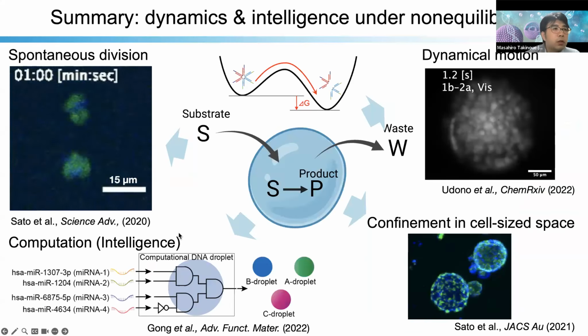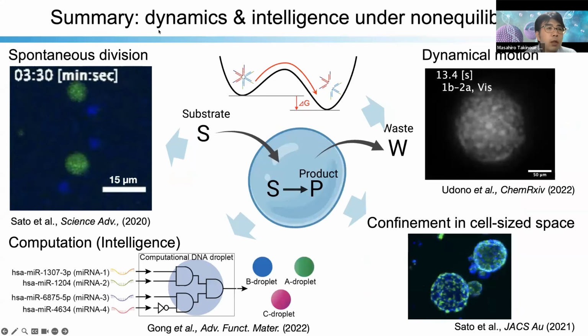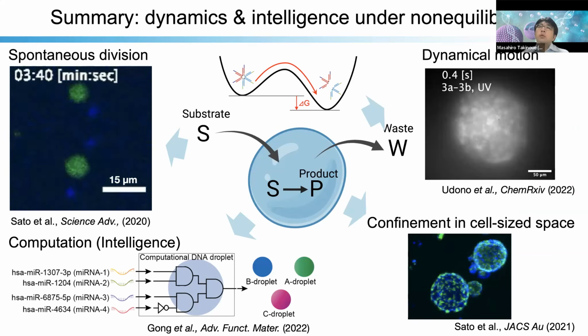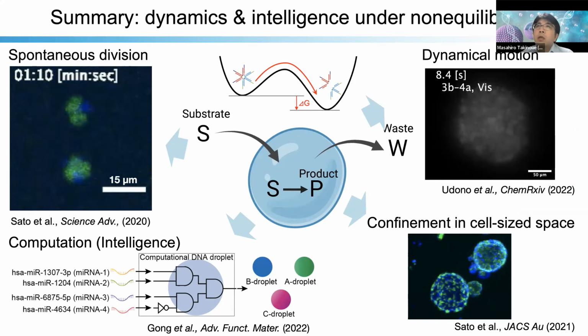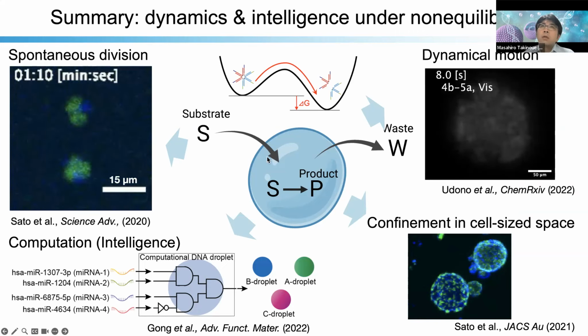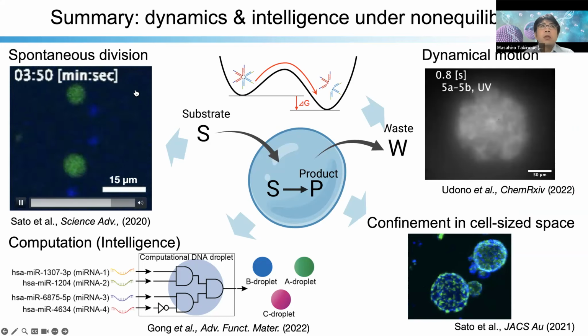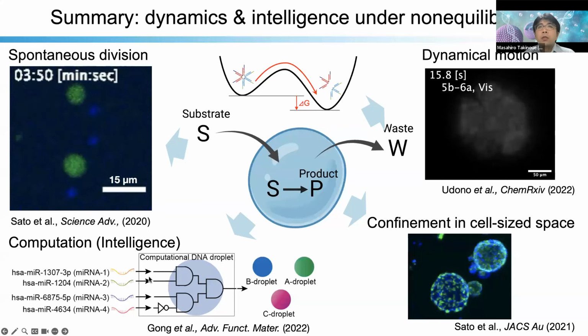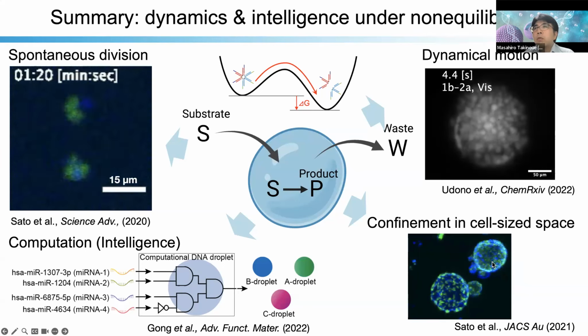Okay, so this is a summary of today's talk. Now we are trying to construct dynamical DNA droplet-based artificial cells. Previously, we constructed the spontaneous division of the DNA droplets and the computational system, and also the mechanical motion of the DNA droplets. And finally, we found this kind of membrane-like system using DNA hydrogel or DNA droplets.